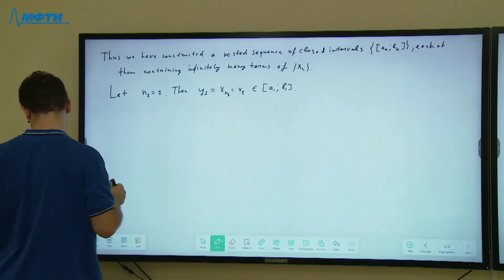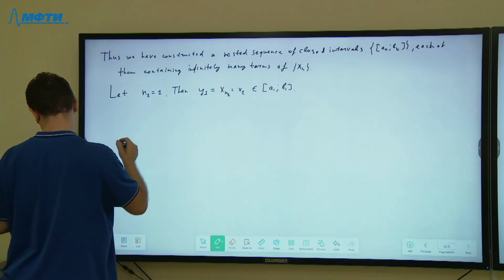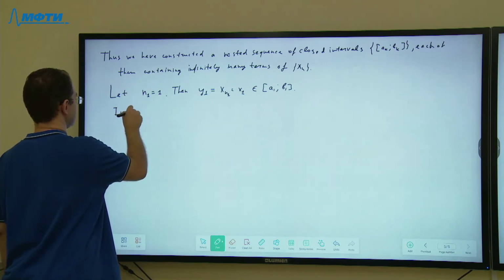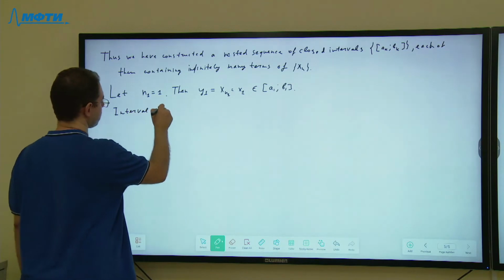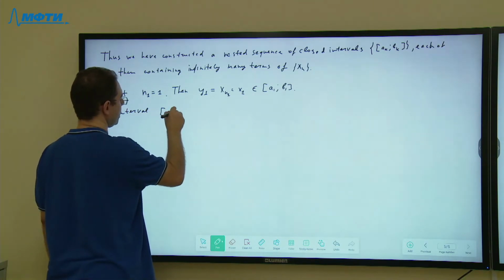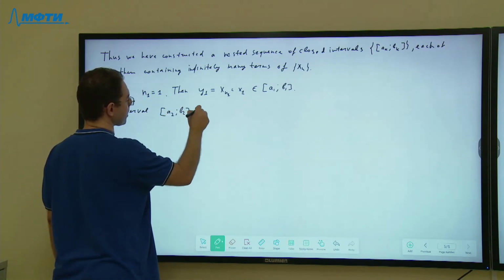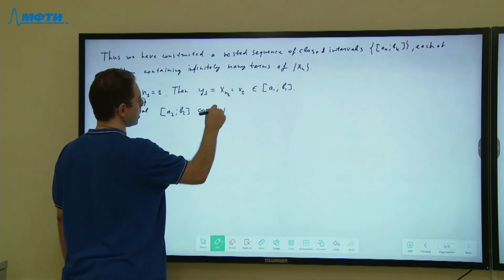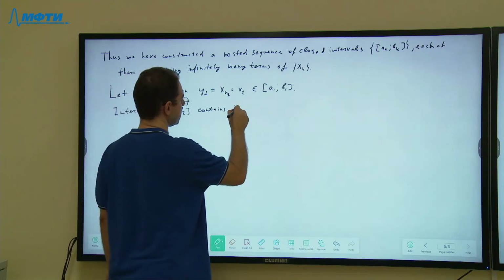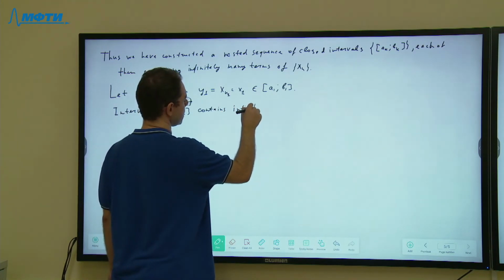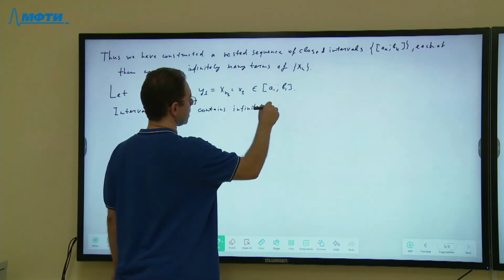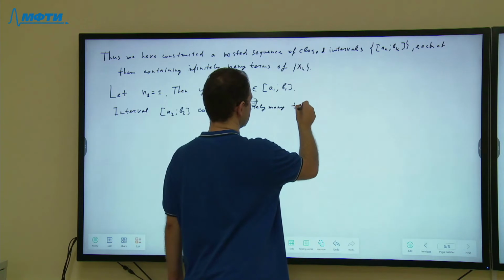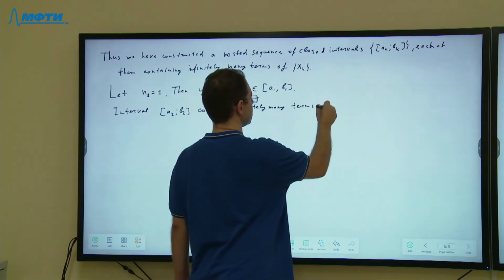Now, interval A2, B2 contains infinitely many terms of xn.